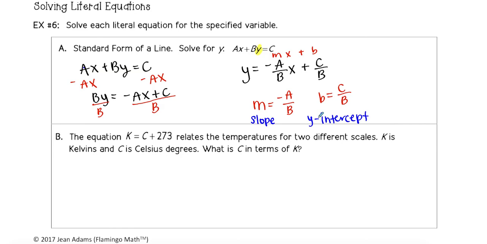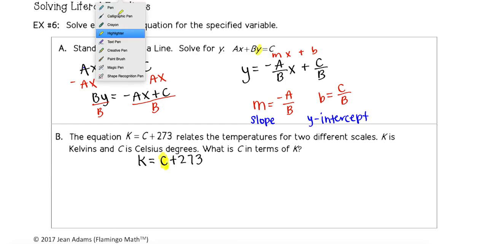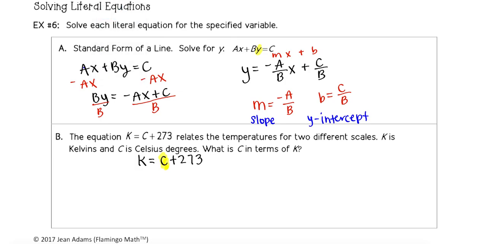This one's actually extremely simple, because I have K equals C plus 273. We want to get C by itself. So how do I get C by itself? Well, let's go ahead and subtract 273 from both sides.